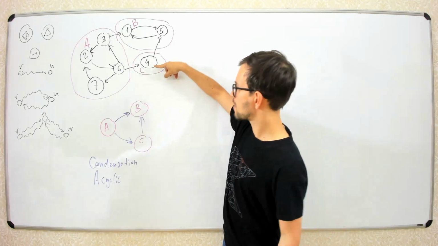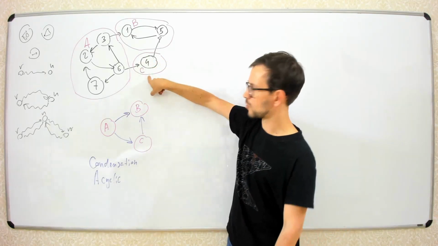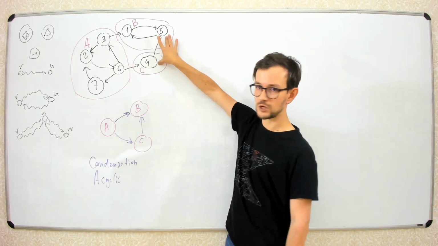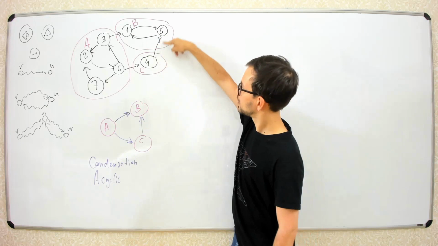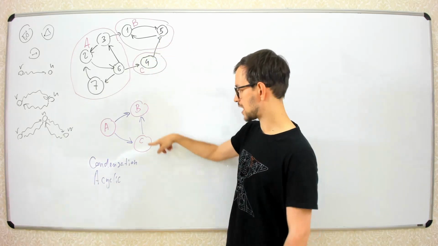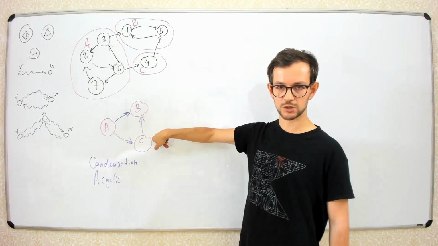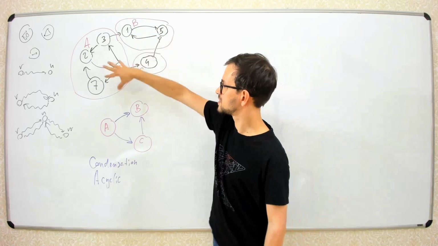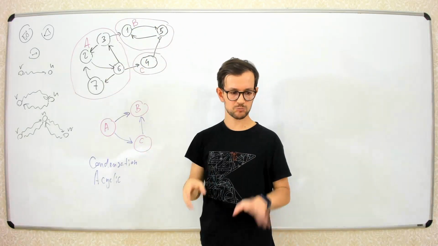You just remember for each node which component it belongs to. Now you iterate over all edges. You look at each edge. If these nodes belong to different components, then you just add the edge in the condensation, and so on. So after you make this split, it's easy to build the condensation, right?